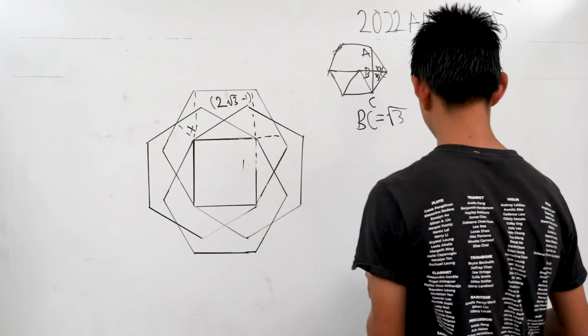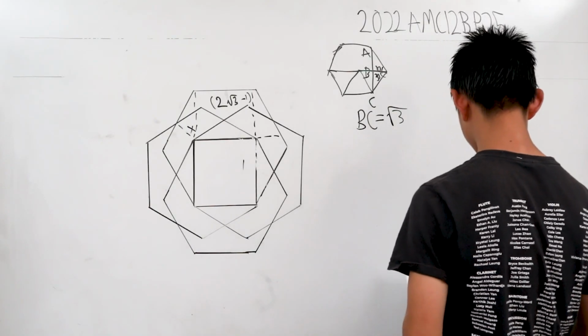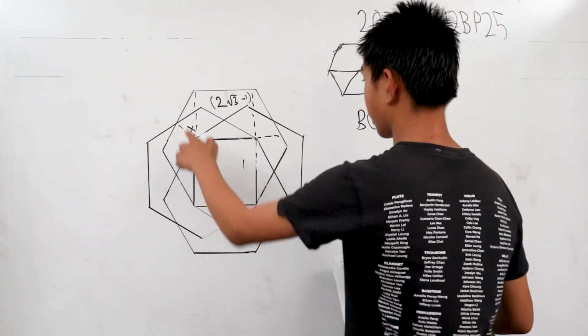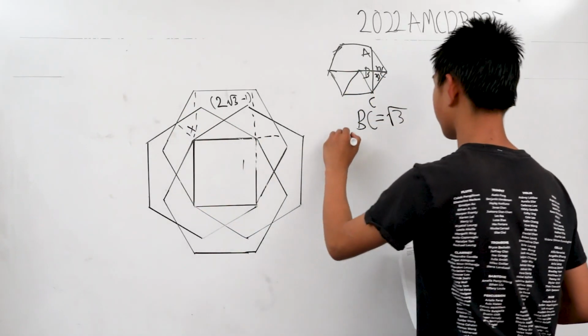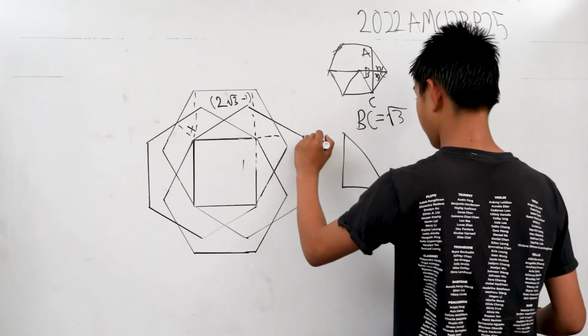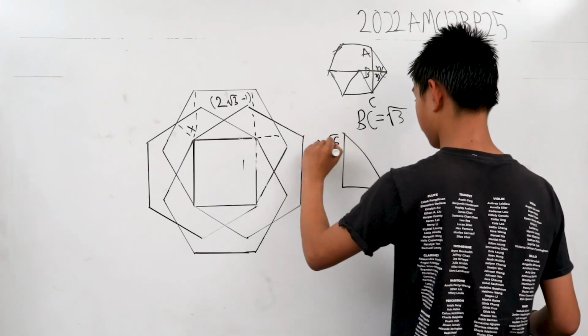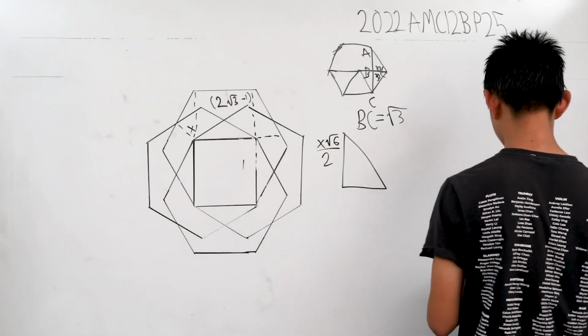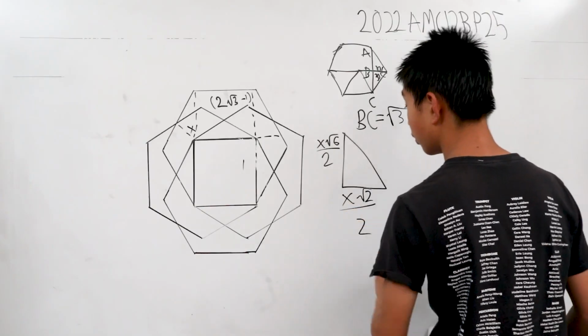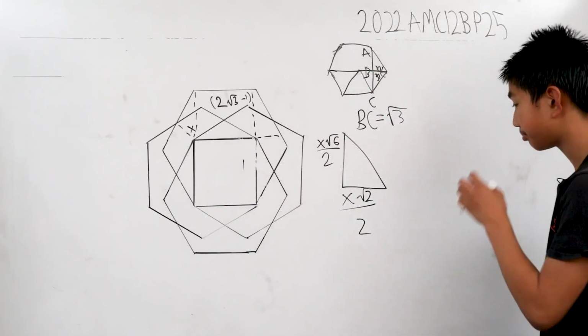So we know that if you divide it like this, the height of a triangle is going to be x root 6 over 2, and the base is going to be x root 2 over 2 when you solve the whole thing.